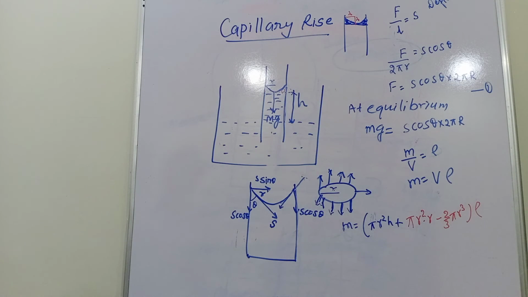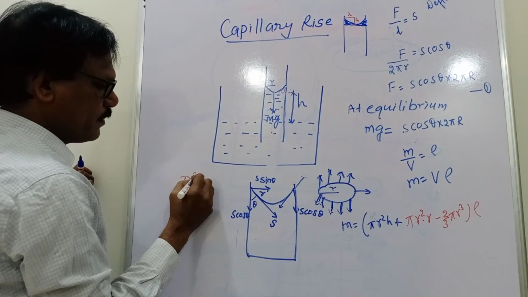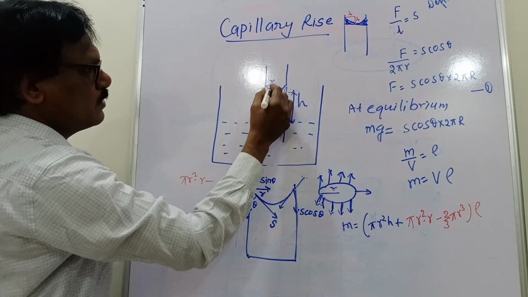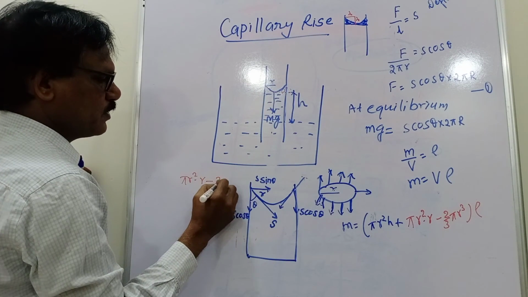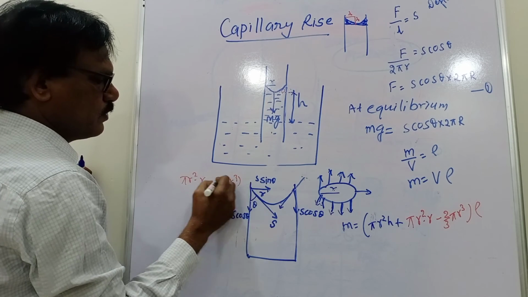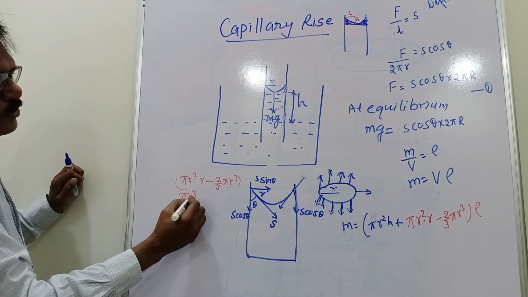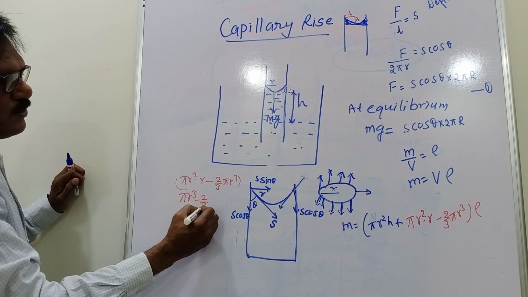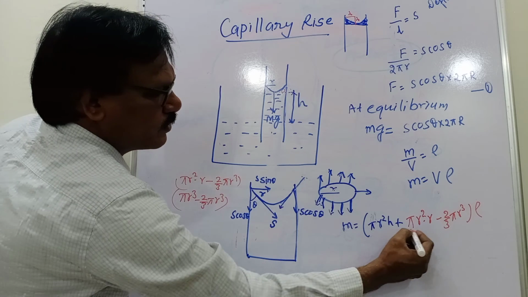So if we make this cylinder here, pi r square into r minus this hemisphere. So hemisphere is 2 by 3 pi r cube. So if we subtract from this, actually it is pi r cube. So pi r cube minus 2 by 3 pi r cube. So that is here only.